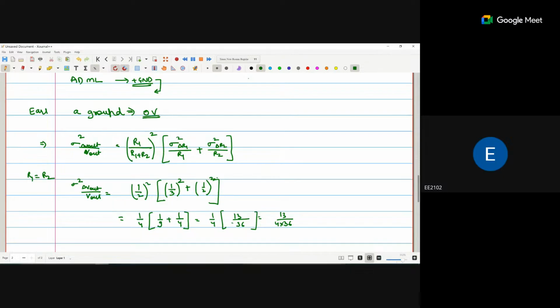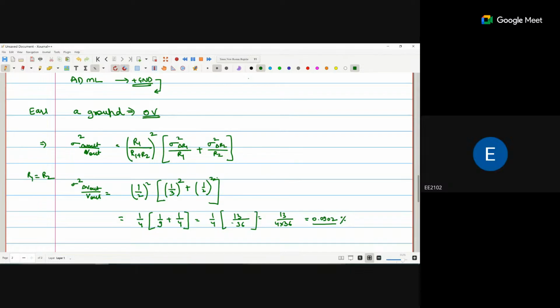So 13 divided by 4 divided by 36 is 0.0902%. But it is not much.